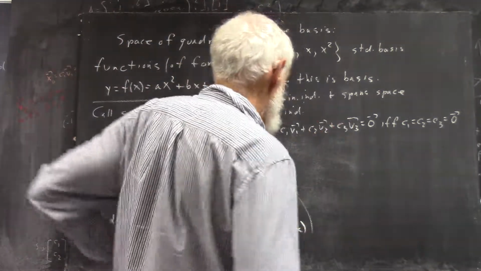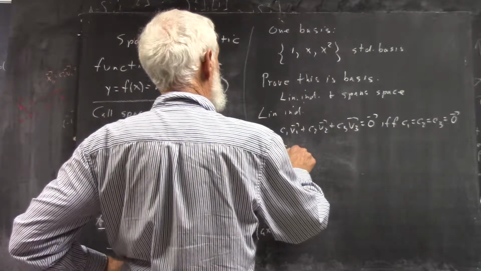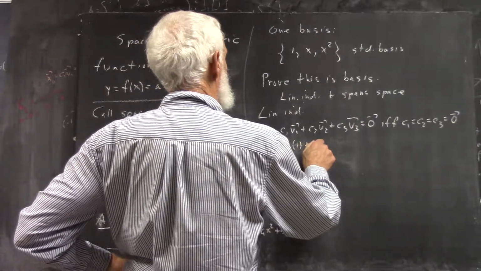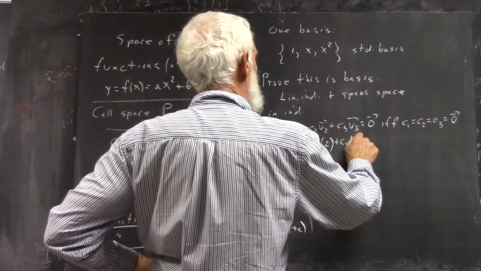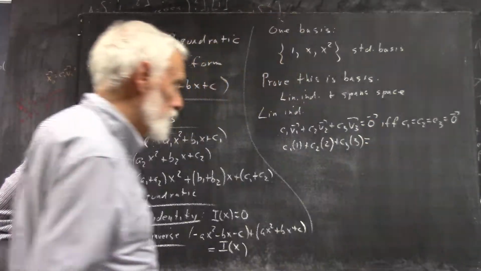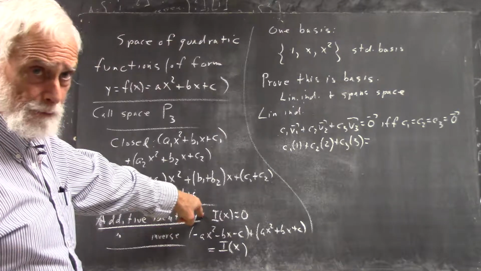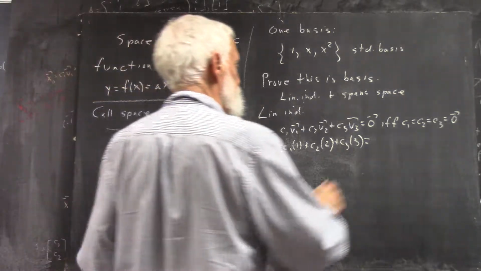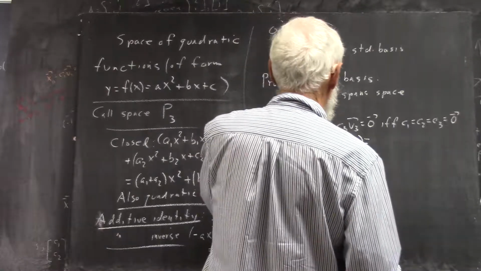So, what's this mean in terms of this basis? This means C1 times 1 plus C2 times 2 plus C3 times 3. What's the zero vector in this space? It's your additive identity. And I don't know why I wrote 1, 2, and 3.